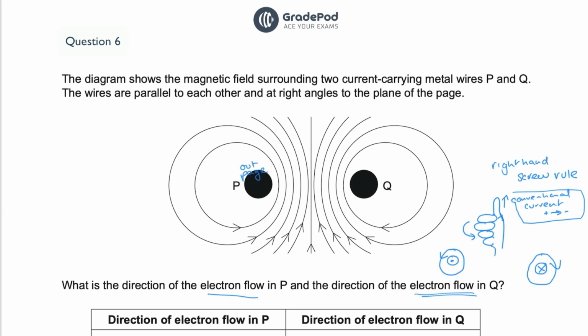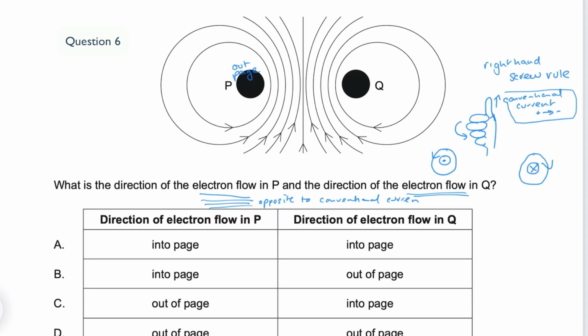But we're not looking at conventional current. We're looking at direction of electron flow, which is opposite to conventional current. So even though our thumb is pointing out of the page, the direction of electron flow is into the page, so we've got to have either A or B. Let's look at Q. Which direction of your thumb, into the page or out of the page, will cause the magnetic field lines to be clockwise?